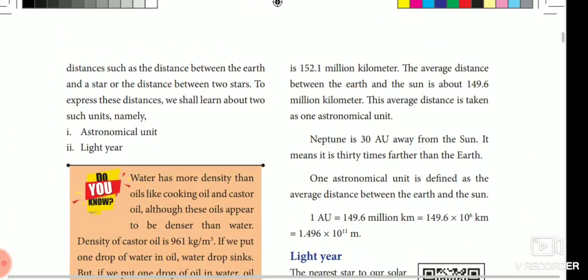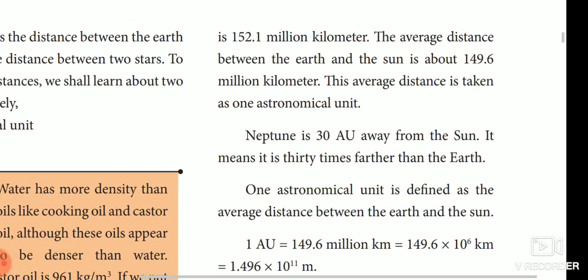Now you see, one astronomical unit is defined as the average distance between the earth and the sun. Now one astronomical unit is equal to 149.6 million kilometer, equal to 149.6 into 10 power 6 kilometer, which is equal to 1.496 into 10 power 11 meter.